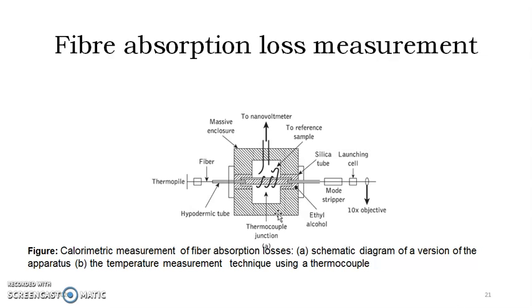Now, electrical calibration may be achieved by replacing the optical fiber with a thin resistance wire and passing known electrical power through it. So in the case of the calorimetric technique, we can use this technique for electrical measurement also.